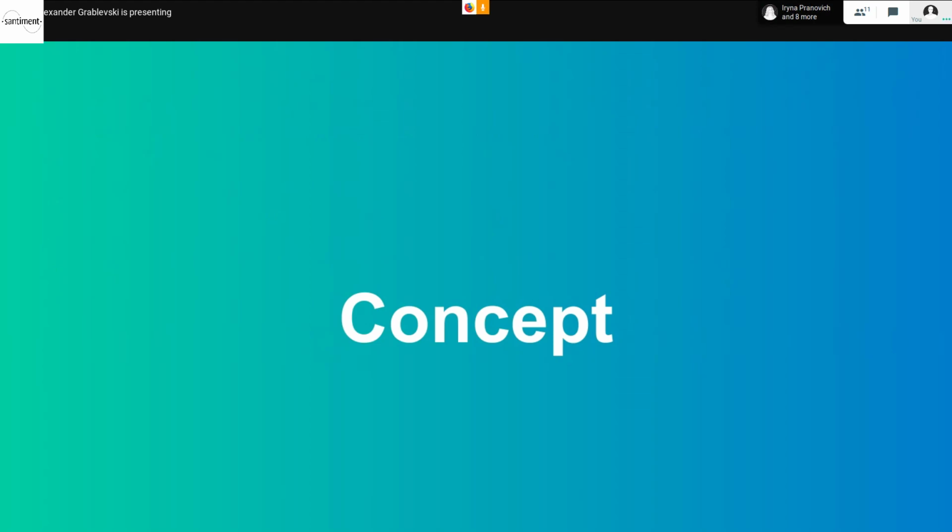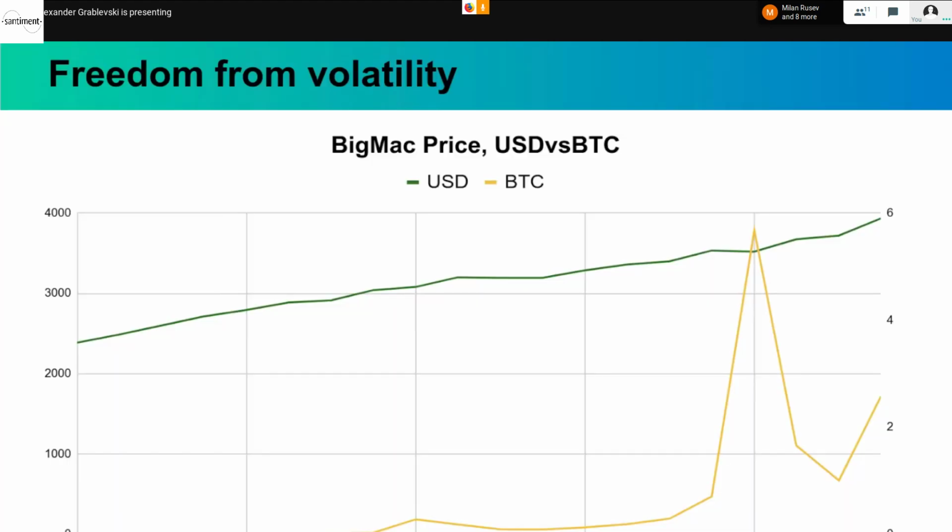So, the concept of MakerDAO. Cryptocurrencies at the end of the day are currencies, and one of the main functions of real money is saving and payment. And there is one huge problem around cryptocurrencies: volatility.